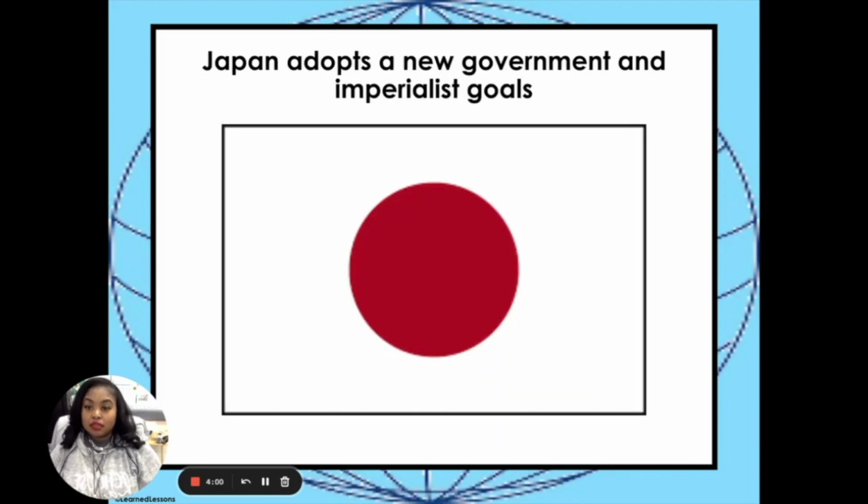Japan is not a target of imperialism, but actually targets other countries because they're hoping to become a major power. You have to remember that if I'm not out conquering other nations, then that leaves me open to being conquered by other nations because I don't have the financial wherewithal to fight them.